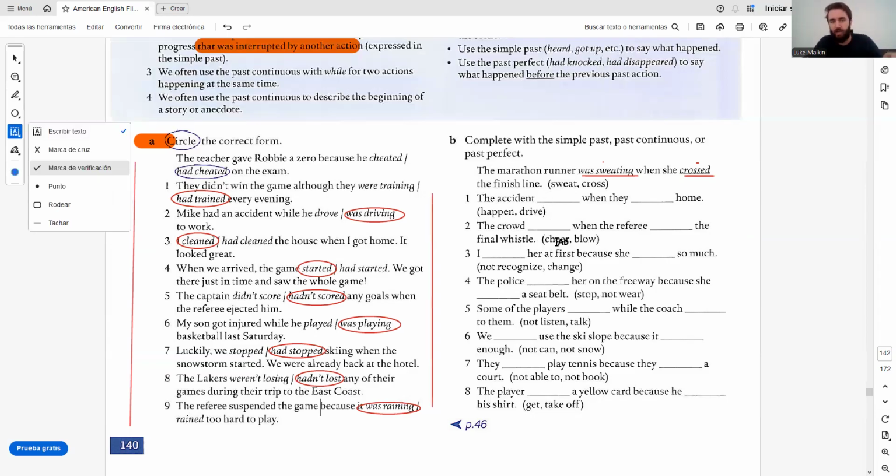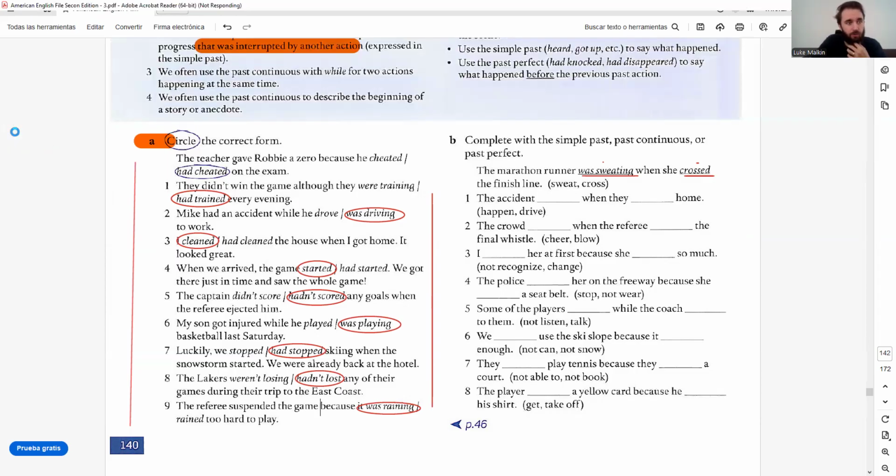Okay, let's check. The accident happened. Moment, my computer needs to load. Get extra practice time. Not responding. I will explain.